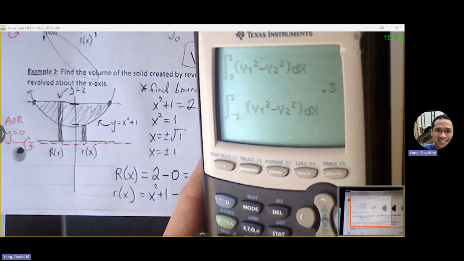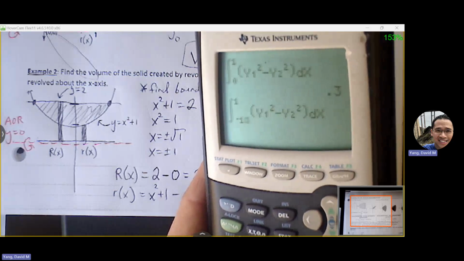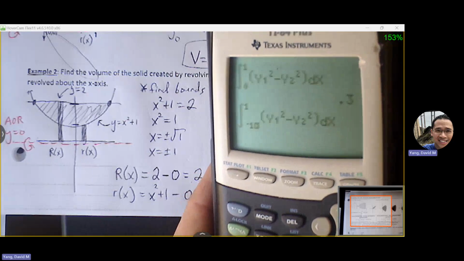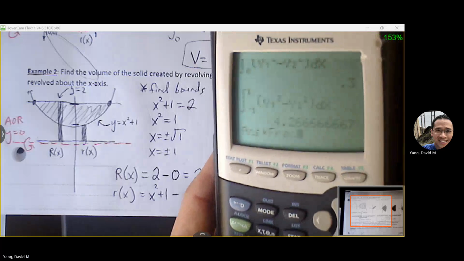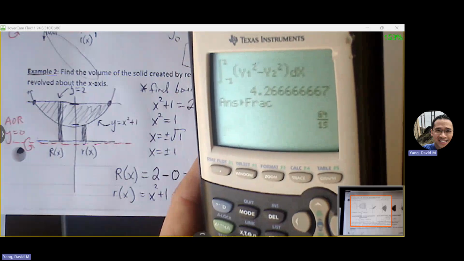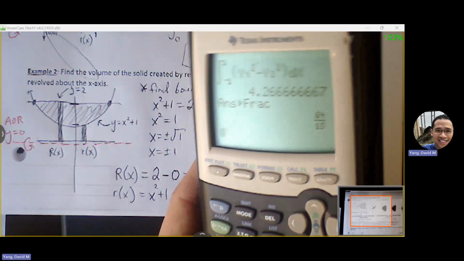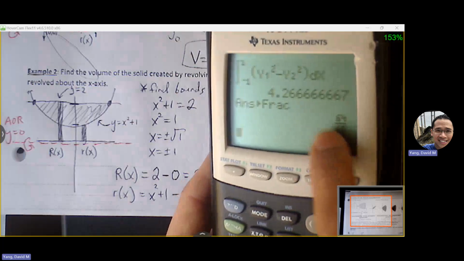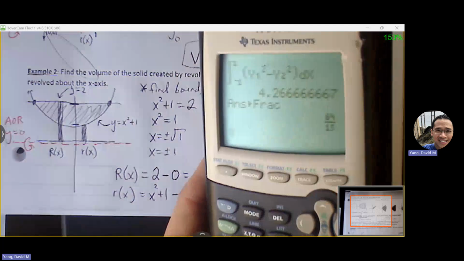So that can save time. You don't have to do a whole bunch of re-entry because you already have your washer method formula set up. You just have to adjust the bounds. I like to do math fraction to see if it will convert into a fractional value. If it's not able to, because it's too complicated, then you can just leave it in this form and round to 3 decimal places and then add pi at the end.